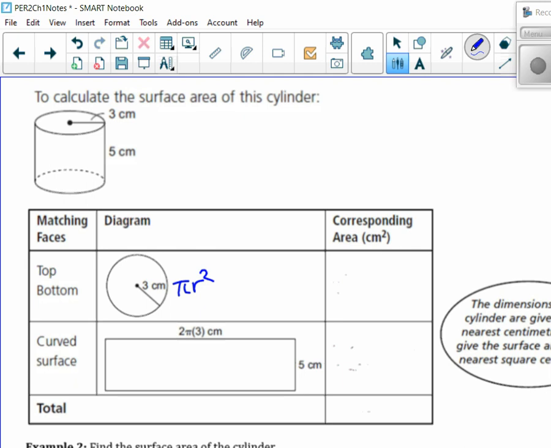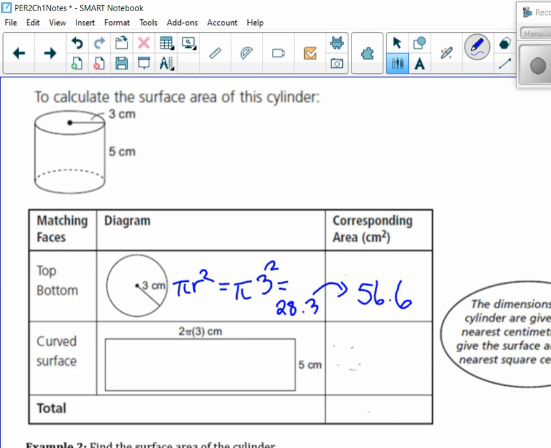Usually you can see it right away, or it might be a second function. So if I punch that in, I get pi times 3 squared, and you can punch that directly in. You get 28.3, and then if you double that, you get 56.6.